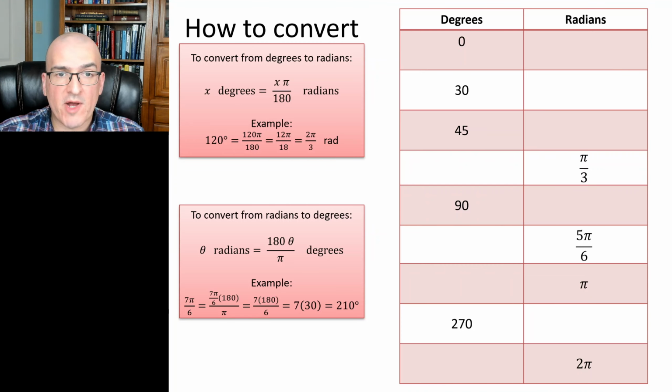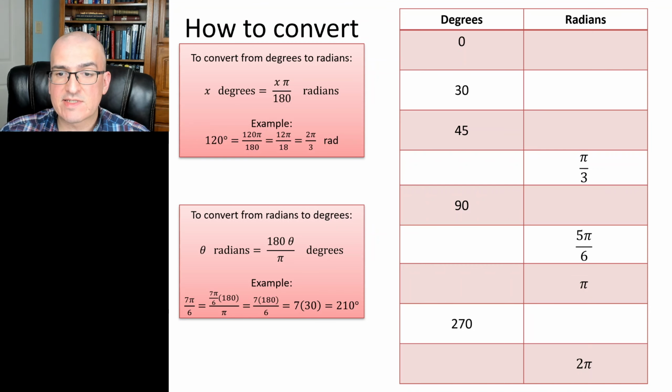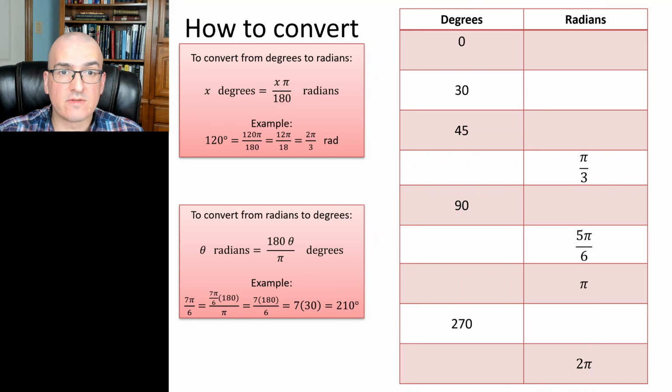To go from 7 pi over 6, take the 7 pi over 6, multiply by 180, and then divide by pi. 180 divided evenly into 6, you get 30. The pi's cancel, so you have 7 multiplied by 30, which is 210 degrees.